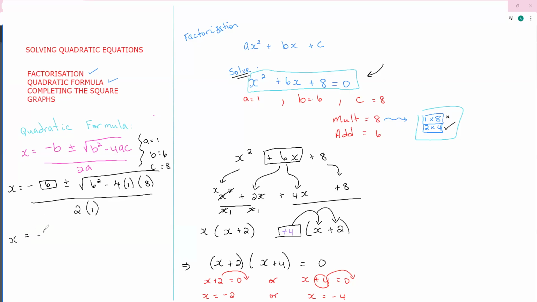So negative 6 plus or minus the square root. Let's simplify what's in here. That's 6 squared. 6 sixes are 36. Minus 4 times 1 is 4. And 4 times 8, that's 32. All over 2 ones are 2.